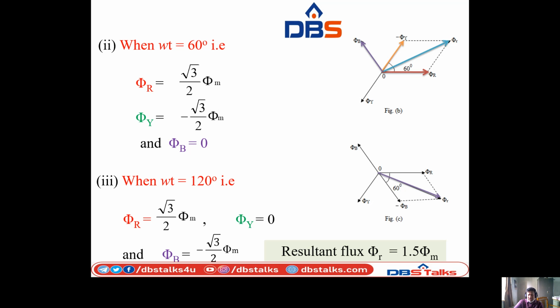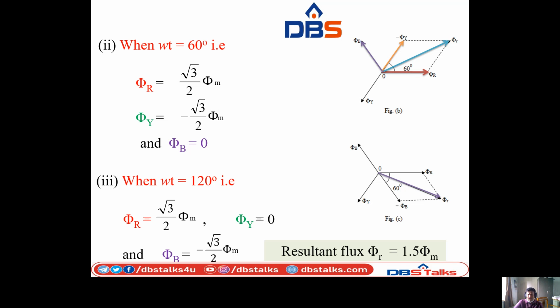As usual, we have to draw the three phases, each one displaced by 120 degrees, that is phi R followed by phi Y followed by phi B. Now coming to these equations, phi B is 0, so neglect it, and phi R is plus root 3 by 2 phi m, put the same as phi R. Phi Y is minus root 3 by 2 phi m, that is minus, so minus phi Y is nothing but exact opposite to that of phi Y, that is this is the minus phi Y. Now the vector sum of these two is nothing but the resultant flux.